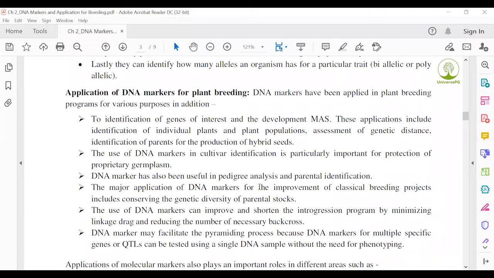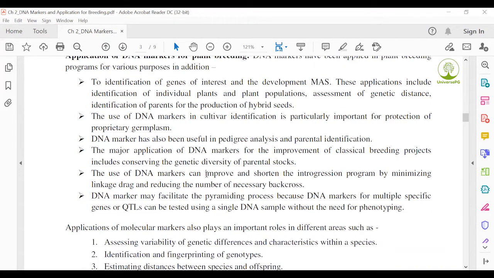Next, the use of DNA markers in cultivar identification is particularly important for protection of proprietary germplasm. Next, DNA markers have also been used in pedigree analysis and parental identification.